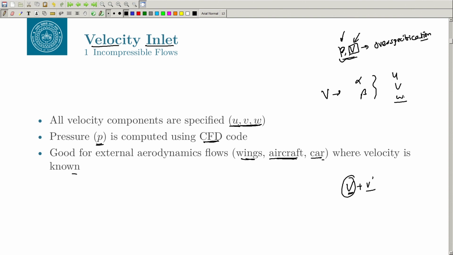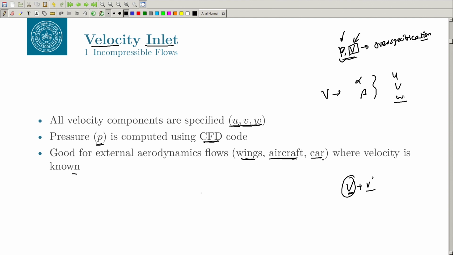In fact, in the case of a car, if you want to simulate flow behind a car, in reality your car is moving and your road is fixed, and the air velocity is not that high, but the car velocity is very high. On the other hand, for a CFD simulation, a better approach is to keep the car fixed and give the velocity of the car to the air, in the opposite direction.